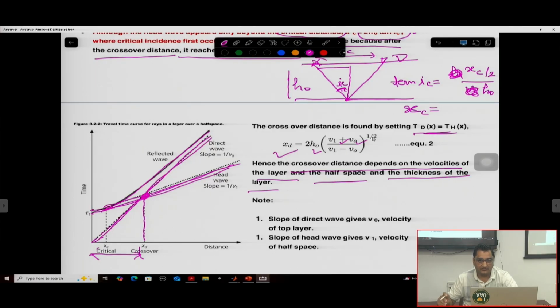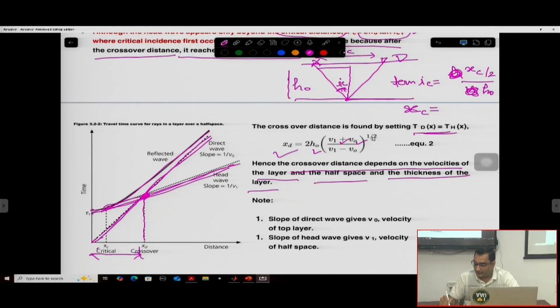From this seismic section, you can find out many things. If you find the slope of the head wave arriving in the seismic section, you will get the velocity of the half space, right? If you take the slope of the direct wave, you will get the velocity of the top layer, right?